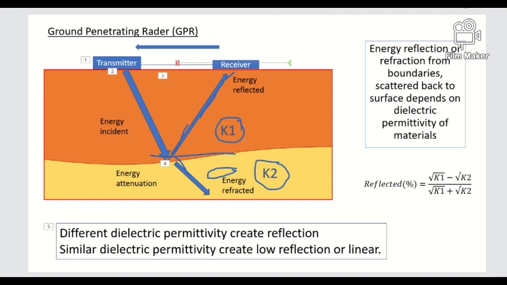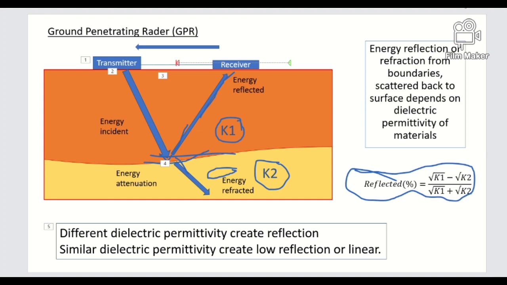So reflection depends on the material's dielectric permittivity. Here we can use a formula for reflective percent, and we can determine the reflected boundary on the display of the GPR as a contrast to interpret. So if there is a similar dielectric permittivity, it will give the same type of image.